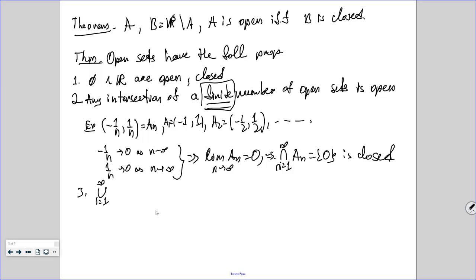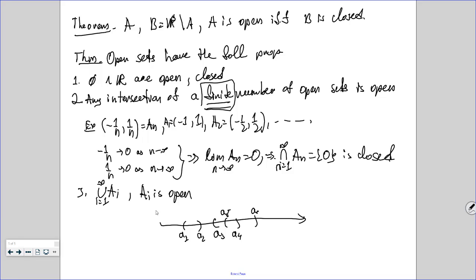The union of any collection of open sets is open. In this case, if A_i is open, then any union of open sets should be open. To have a mental picture, here is what we are dealing with. Suppose we have the following sets, which may or may not intersect; it doesn't matter in our context.